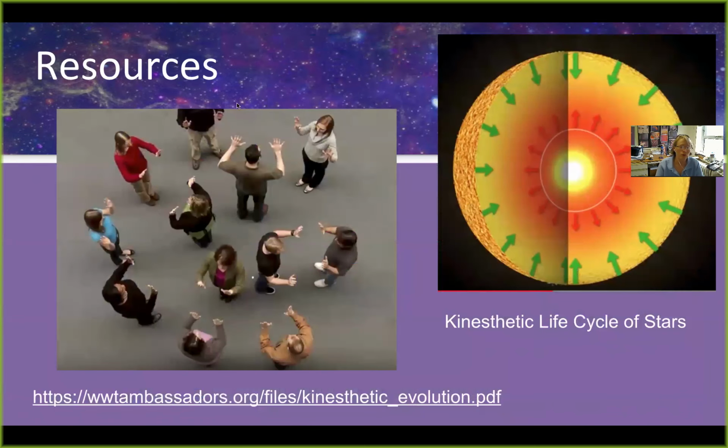Another resource that covers some of the content from this webinar is an activity called the Kinesthetic Life Cycle of Stars. We've talked a couple of times before about kinesthetic activities. A URL to the direct description of how to do the activity is at the bottom of the slide, and you see a picture of people doing the actual activity.